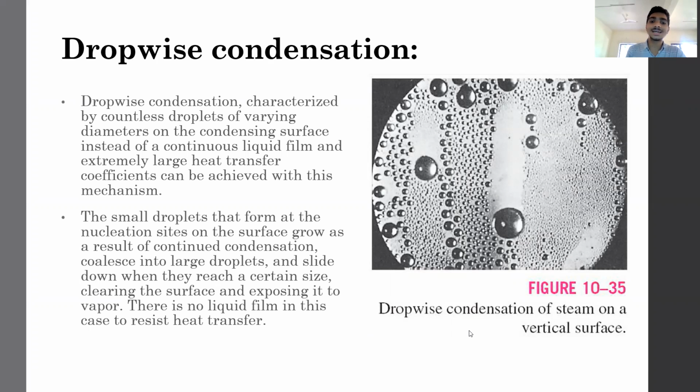Small droplets that form at the nucleation sites of the surface grow as a result of continued condensation, coalesce into large droplets, and slide down when they reach a certain size, clearing the surface and exposing it to the vapor. There is no liquid film in this case to resist the heat transfer.